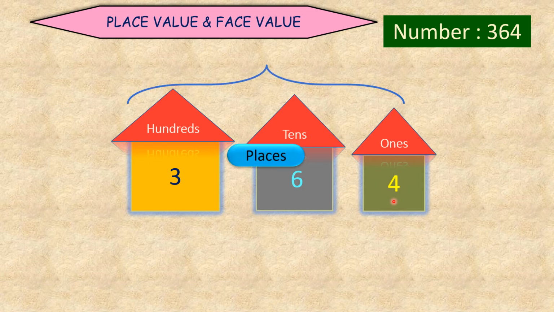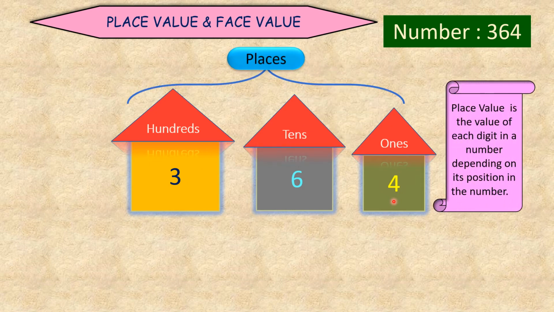Now these are the places. What is place value? Place value is the value of each digit: place value of 3, place value of 6, place value of 4. Its value changes as the place changes. So it is the value of each digit in a number depending on its position.